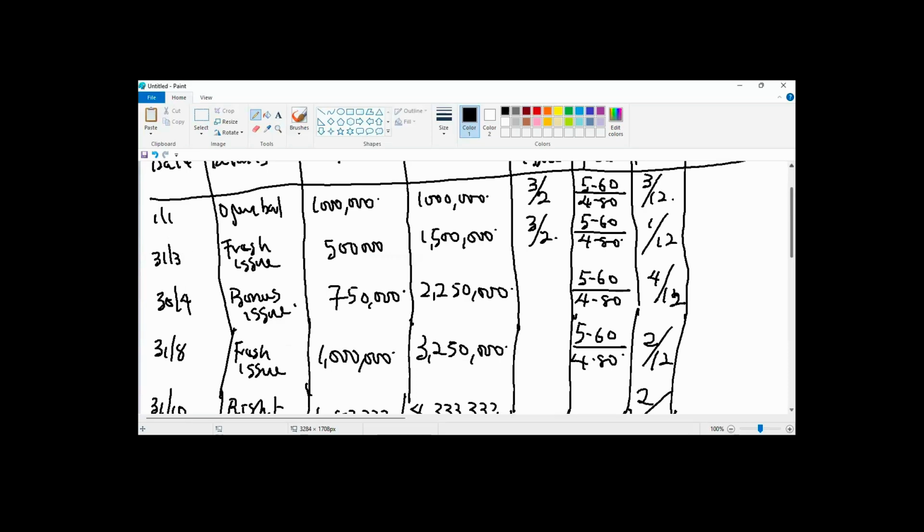Start multiplying. The first one is 437,500.